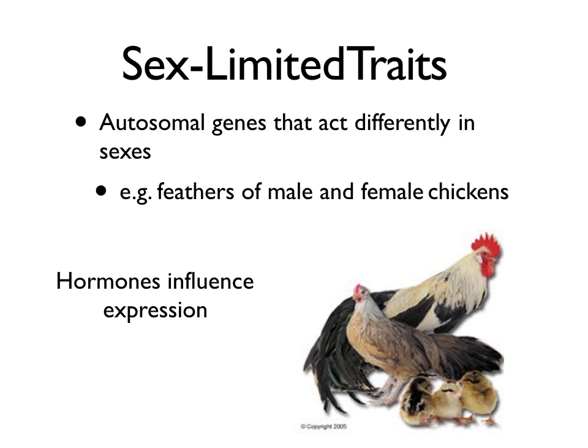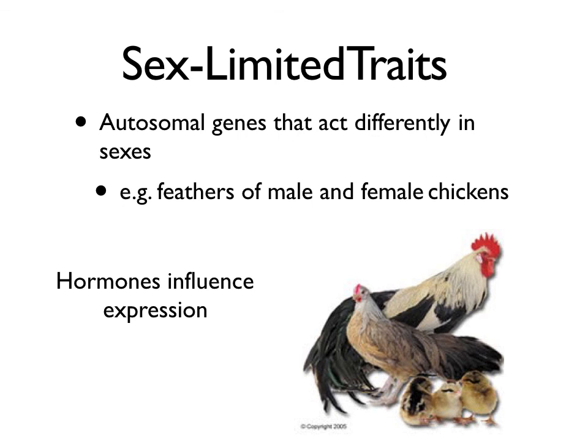So a great example of this are the feathers of male and female chickens. You can see down here the rooster and the hen. They have very different patterns of feathering, right? Roosters have long tail feathers, and they have this kind of large mane or neck beard that they use when they're displaying to females.